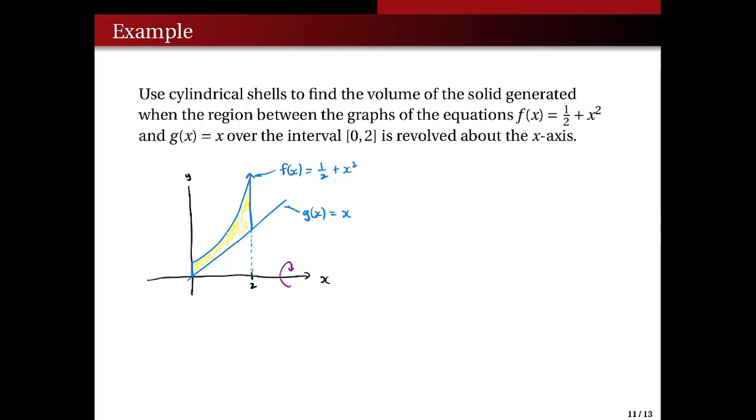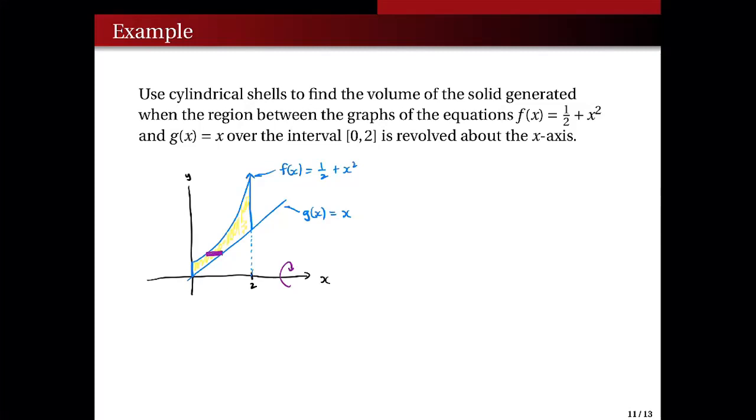In the method of washers, the strips will be vertical. That's for the method of washers. But for the method of cylindrical shells, the strips will be horizontal.